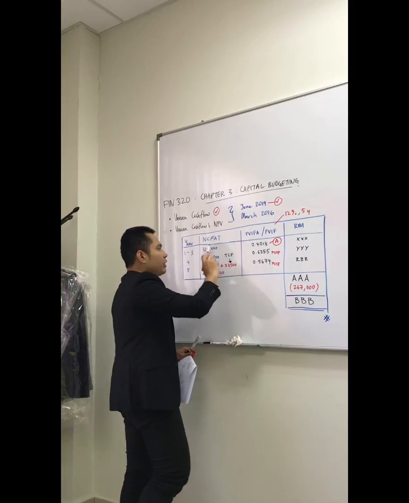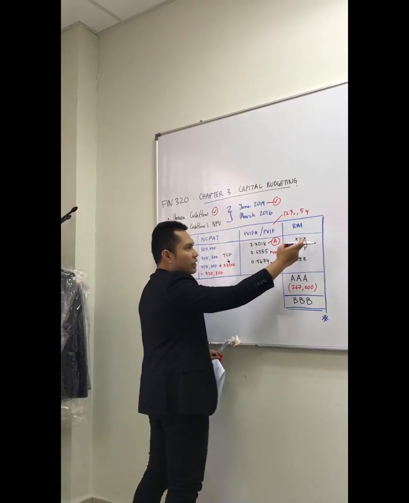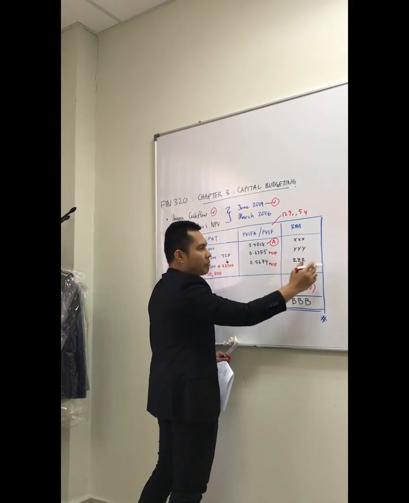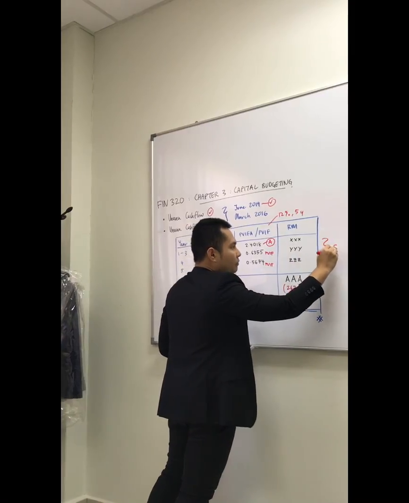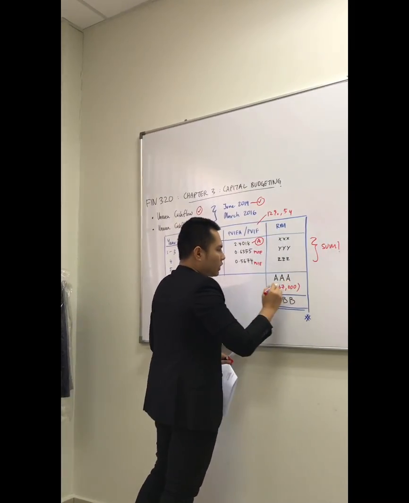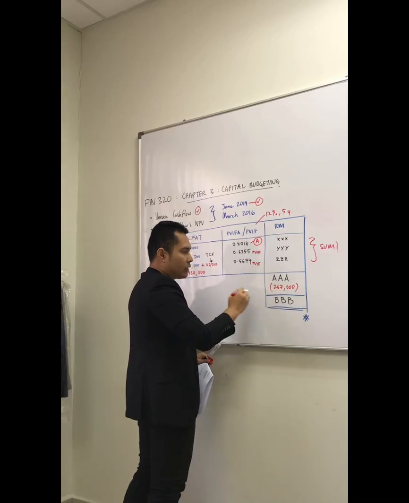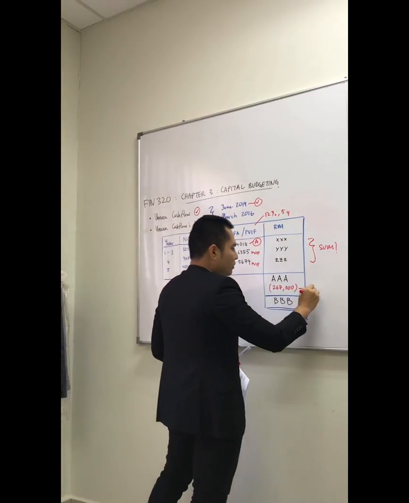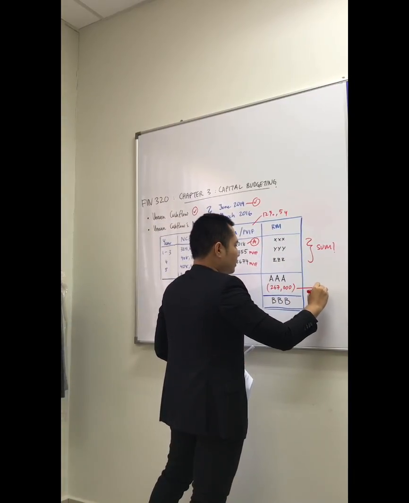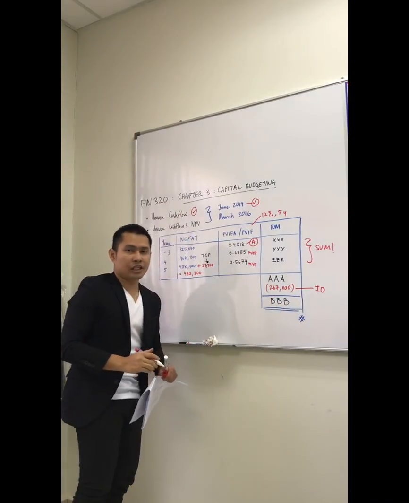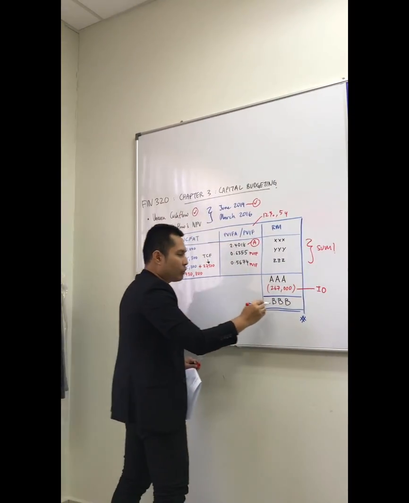You put it in, you multiply, you get this figure right here, you sum it up, you get this total here, and then you minus the IO, the initial outlay.